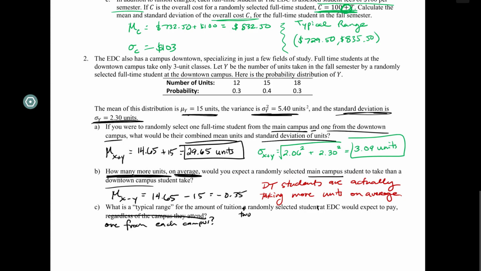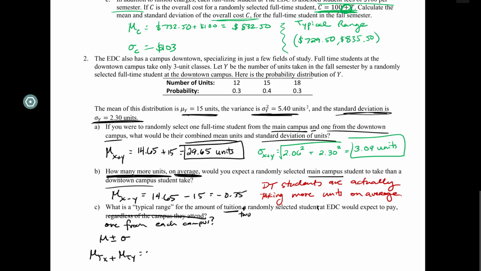First, think about the idea that a typical range means I want to add or subtract the standard deviation from the mean. So we need to find out what the mean is, and we're talking about tuition here. So what is the mean tuition for one student from each campus? We actually found that already, right? Let's do our transformation first and then combine them.